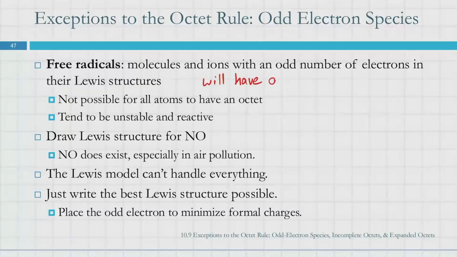These will have a single electron somewhere in their Lewis structure. They're going to have just one dot instead of a lone pair. These tend to be unstable and reactive. Like, they won't exist for very long. Usually if free radicals exist, they are generated and then they disappear again.